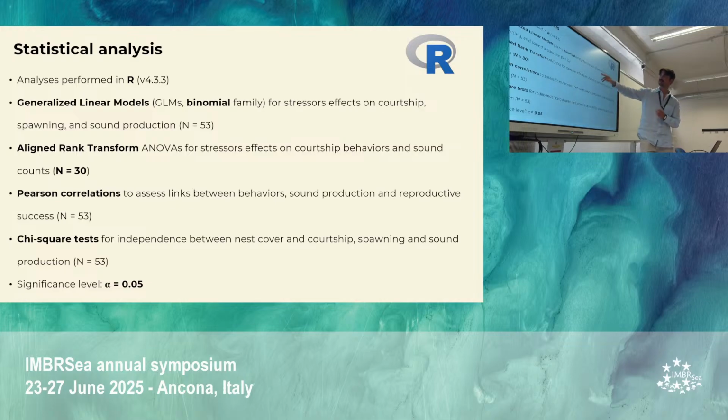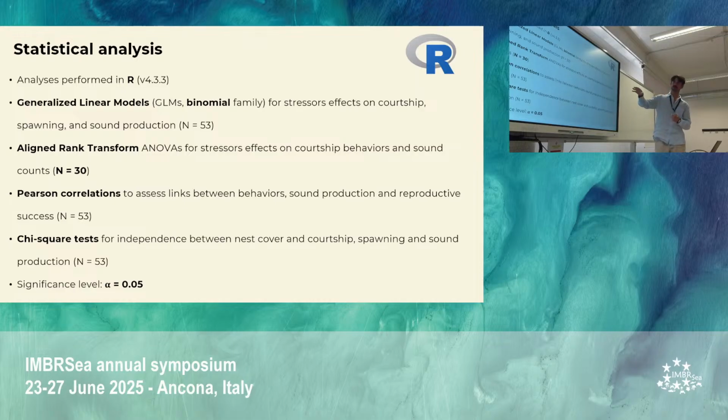You can see as well that I have two types of sample numbers. 53 is the maximum that we use, when everything is alright. In this case, I tried to test for the effect with the full data set, but we didn't find anything, so we reused it on the sub-data set with only fish that courted, which makes sense biologically.